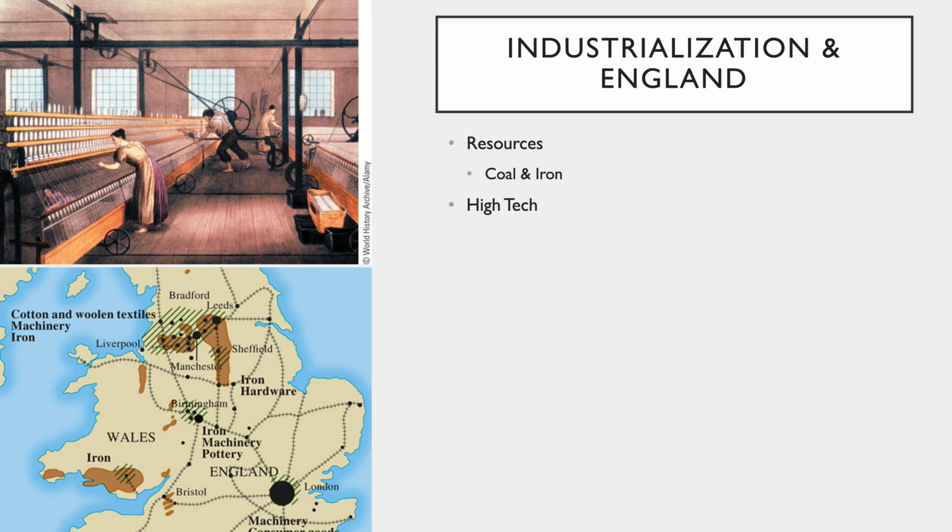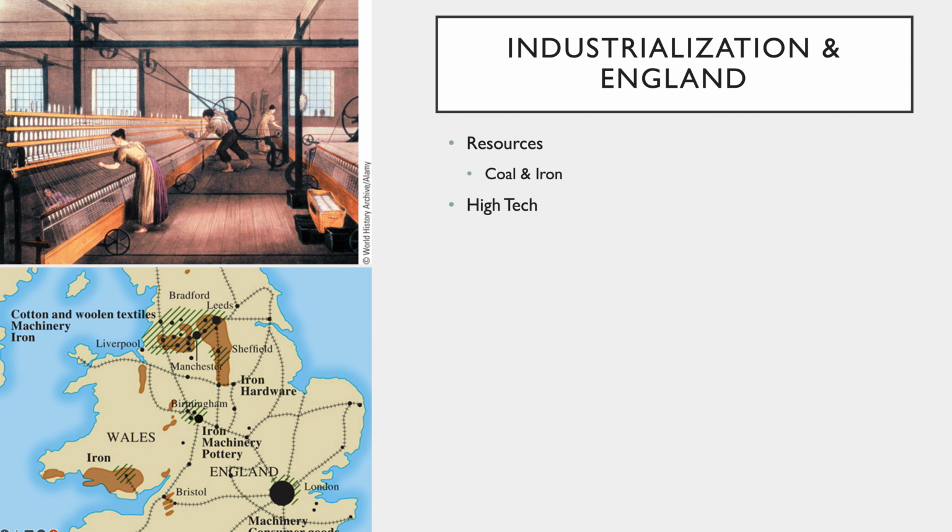And iron becomes an instrumental resource for the Industrial Revolution, from building the machines that the Industrial Revolution needs to create mass production, to the transportation of these goods from place to place.